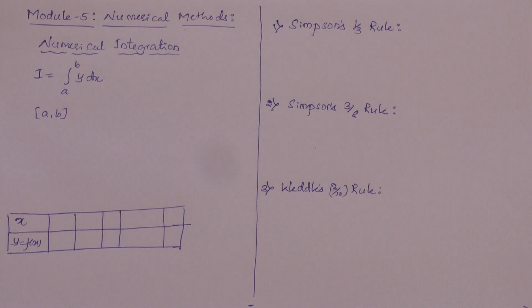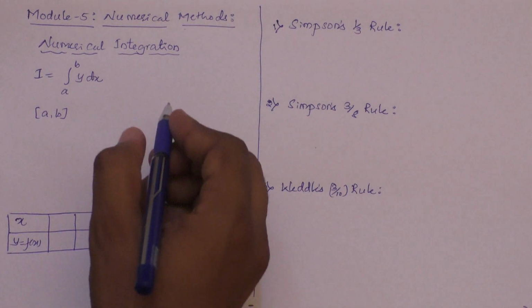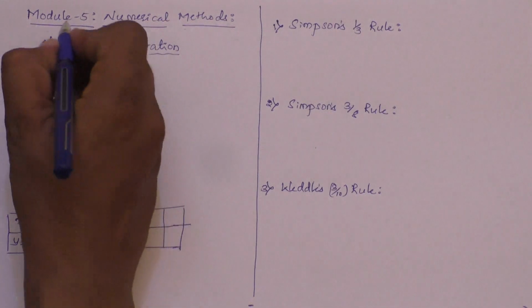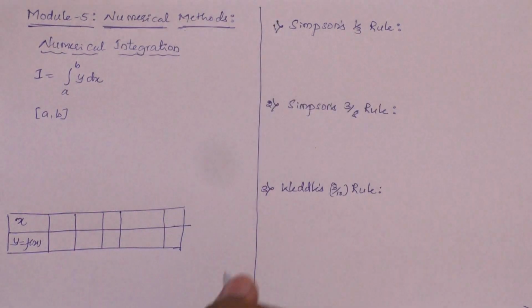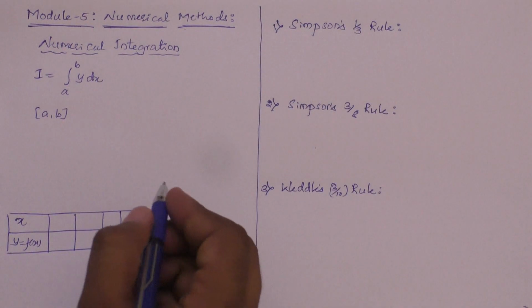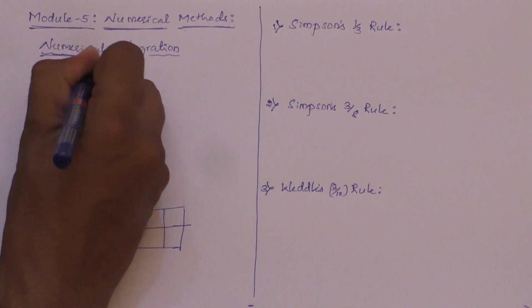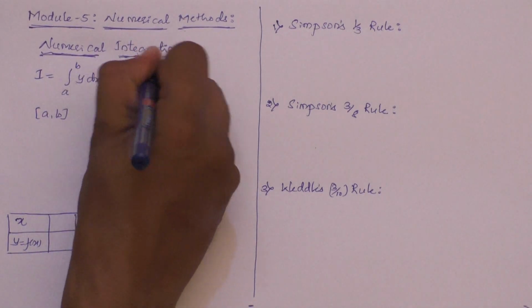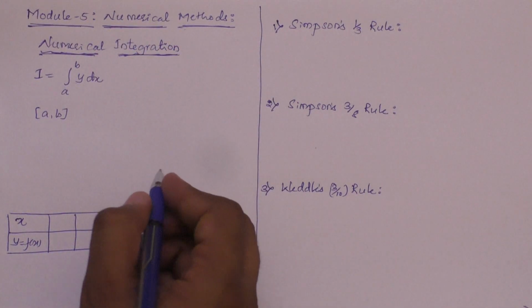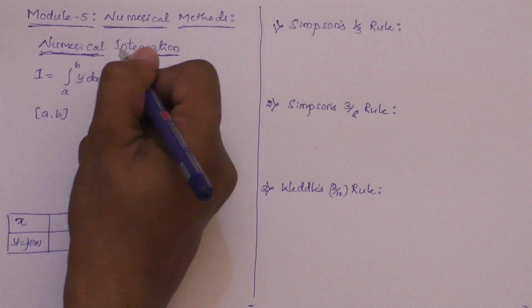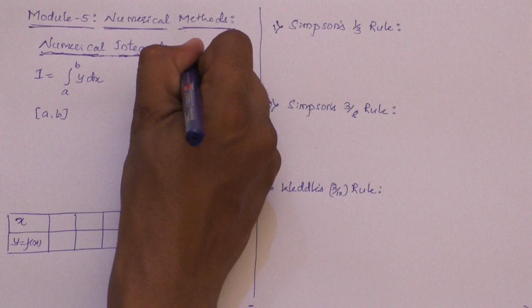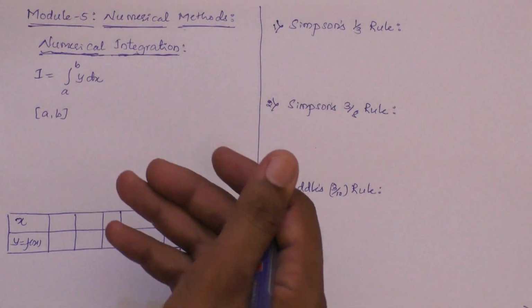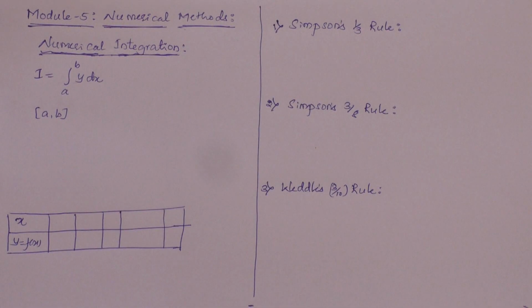So let us go with the advanced calculus numerical methods subject, module 5, numerical methods. In this module you are going to learn a concept called numerical integration. Numerical integration means that the given integral cannot be solved by applying the standard results, the 20 to 30 or 30 to 40 standard results you know.